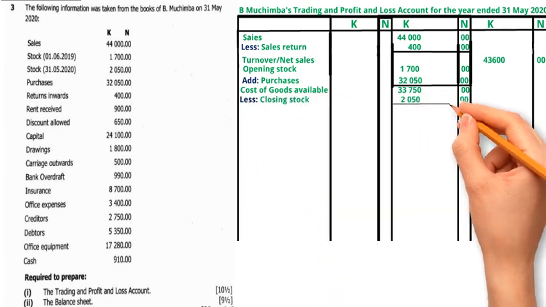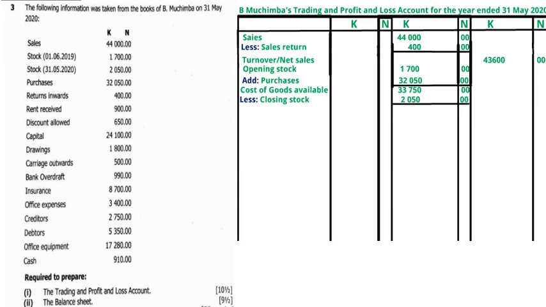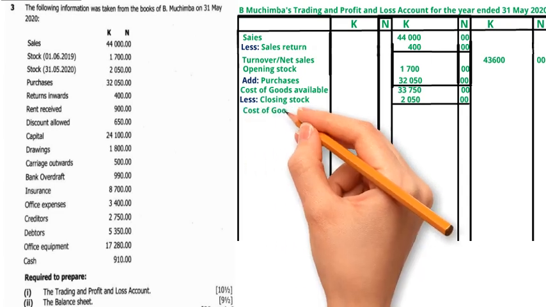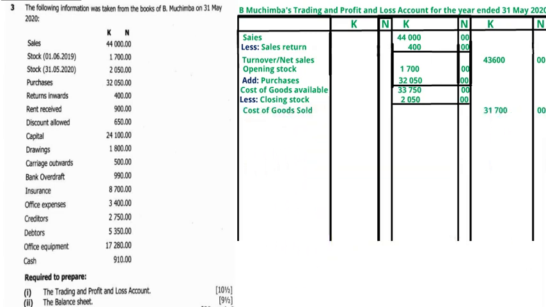So I'm going to say less closing stock, which is 2,050 kwacha. So when I find the difference of 33,750 kwacha minus 2,050 kwacha, it will give me 31,700. Okay, now 31,700, this is the cost of goods sold.